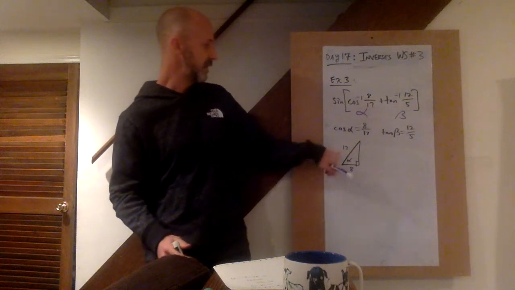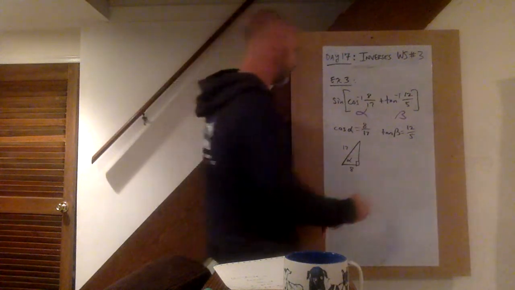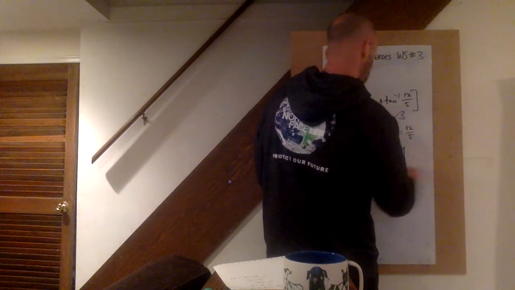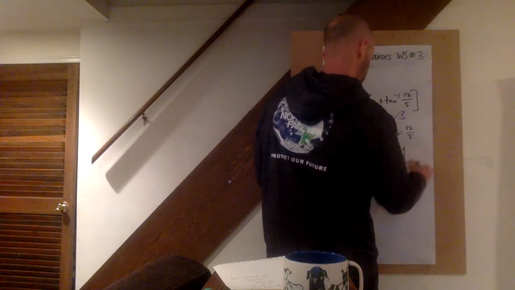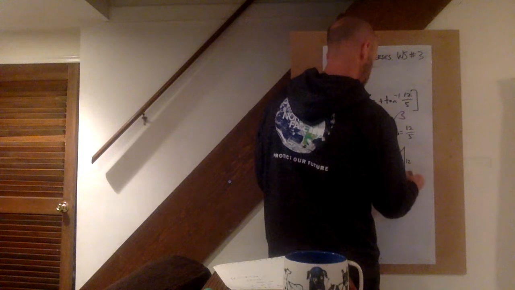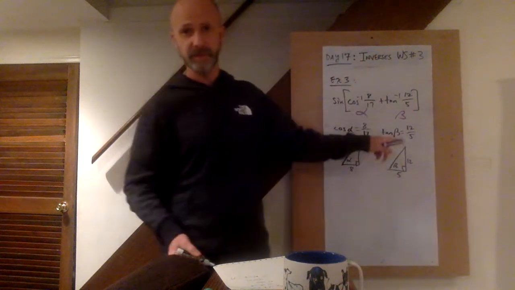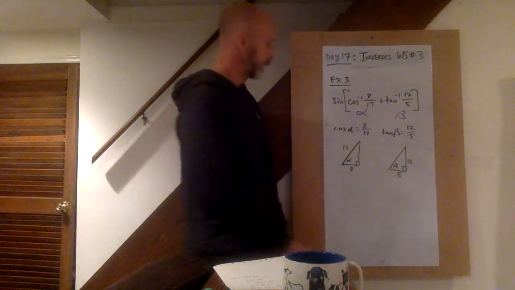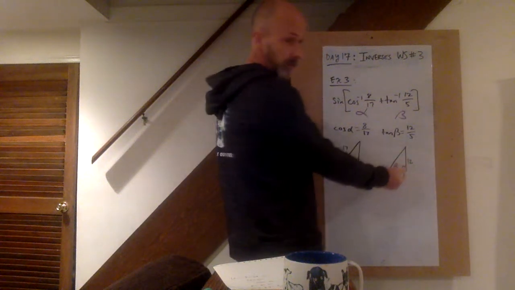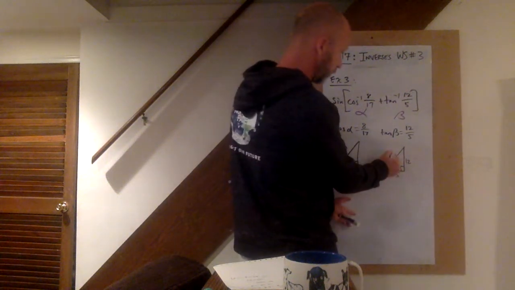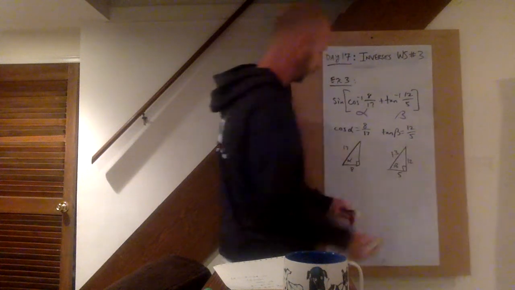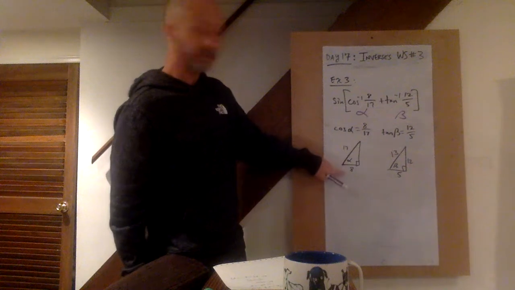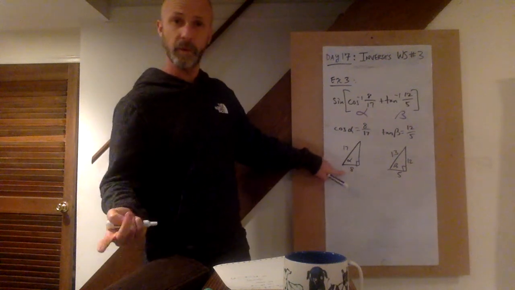The adjacent's 8, the hypotenuse 17. Meanwhile, if tan of beta is 12/5, then my opposite's 12 and my adjacent's 5. Okay, Pythagorean theorem. 5 squared plus 12 squared, 169. Square root of that's 13. Cool. 17 squared is 289. Minus 64 is 225. Square root of that's 15.